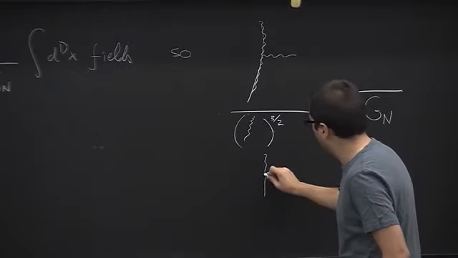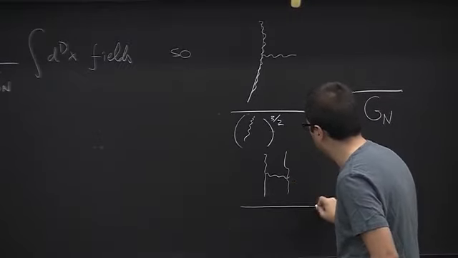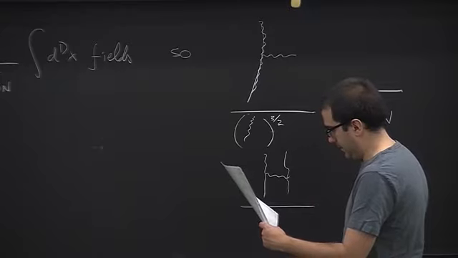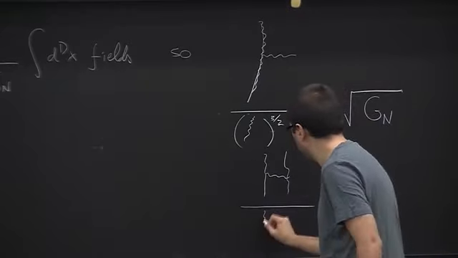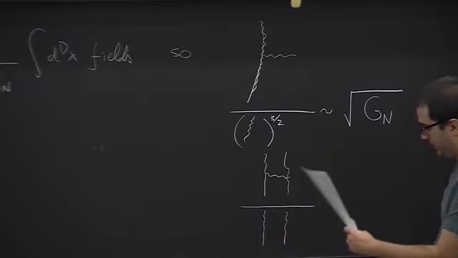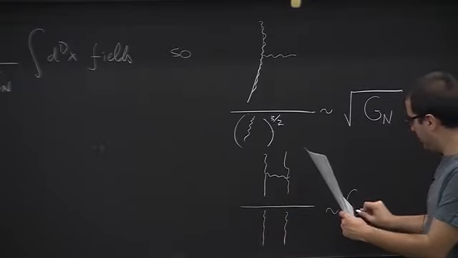And if you do it for a 4-point interaction, if you divide this by the disconnected part, this goes as g Newton.